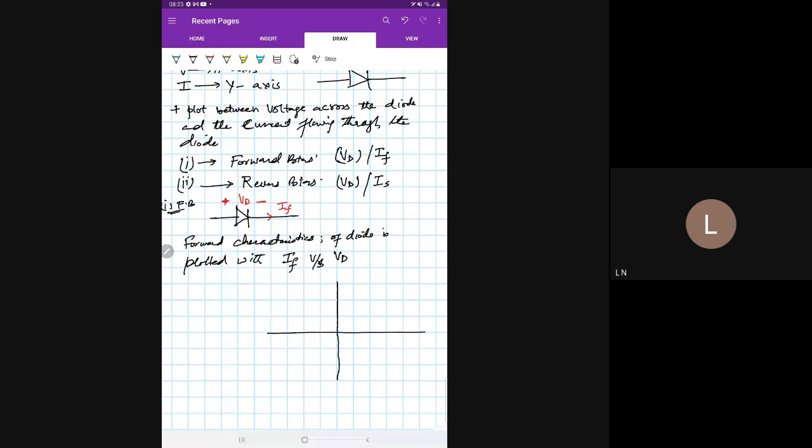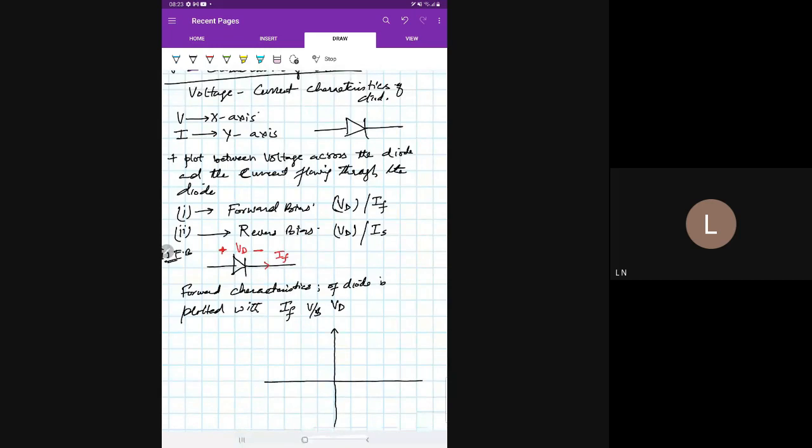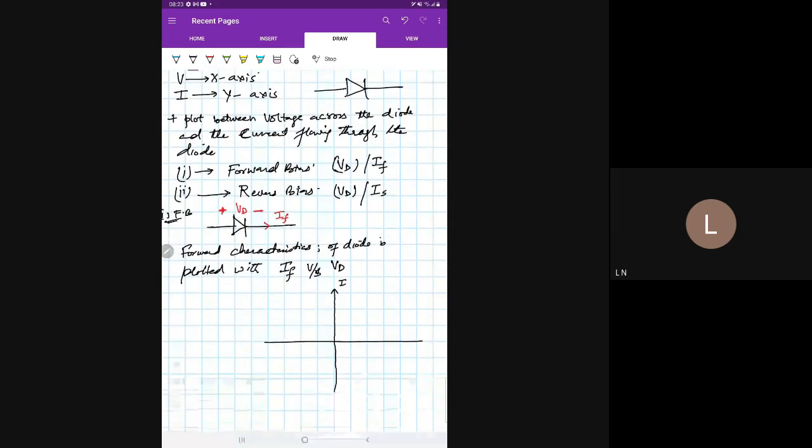In forward characteristics, current I is shown on the y-axis and voltage on the x-axis, in volts. We know that initially, when you apply a forward bias up to the knee voltage or built-in potential, the current will not flow because there is a barrier. Initially the current will be very small.